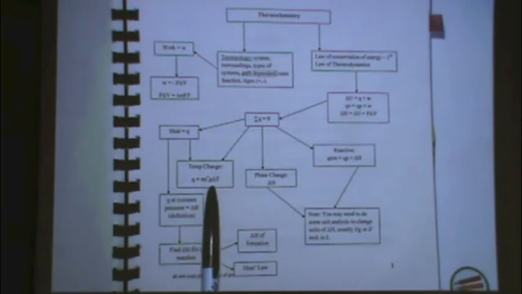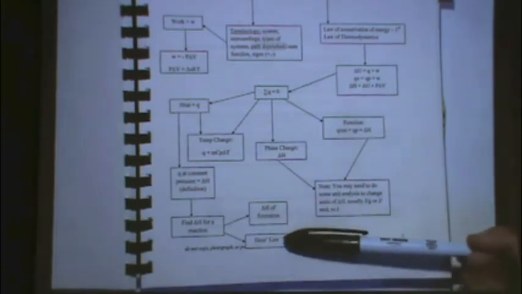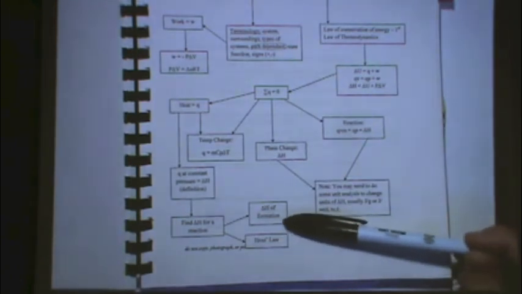You see the delta H, but we haven't done much with it yet. We're going to do more with it in the next chapter. But we did several calculations with m Cp delta T. You saw delta H, heat at constant pressure is delta H, and we're going to see some more delta H today. There's two ways to calculate delta H, and we're going to see both of those: the Hess's law method, and then the delta H formation method.